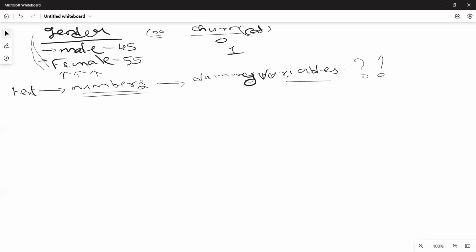See, go back to the equation. The equation is P hat equals A plus BX. Now, assume that I have only one feature called gender. So this equation is going to be A plus B into gender.